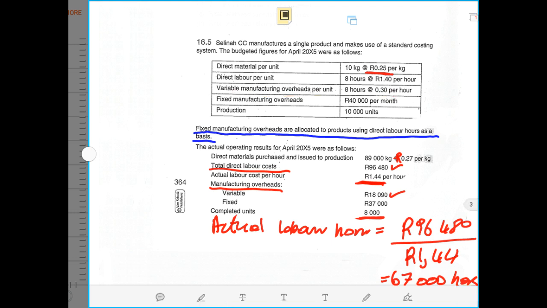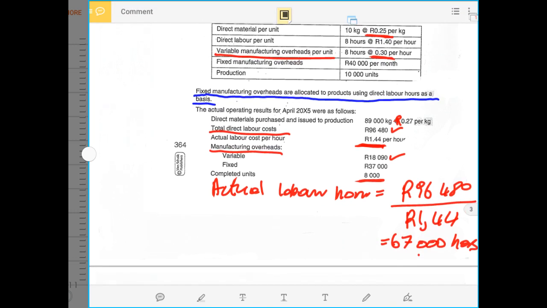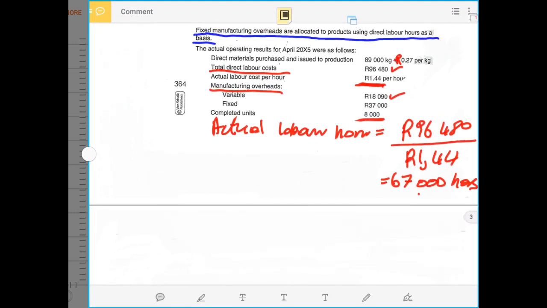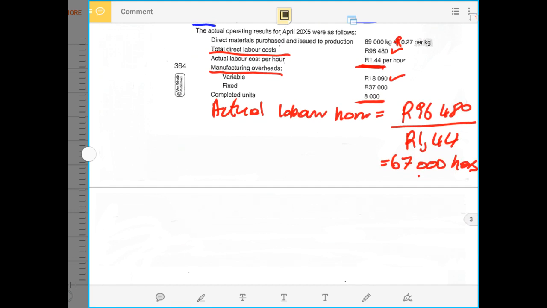We expected that our variable overheads will be 30 cents per hour. So now we need to check whether the actual one is the same as what was budgeted, or what is on standard. How do we do that?